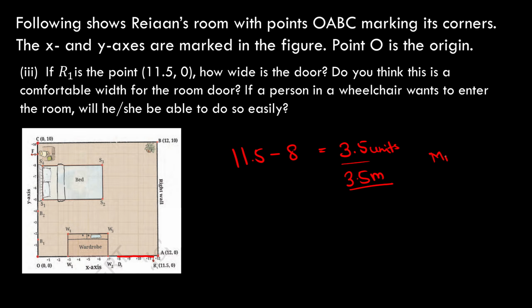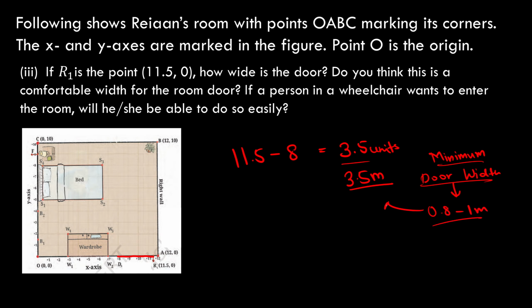And the minimum door width for wheelchair accessibility is almost 0.8 to 1 meter.